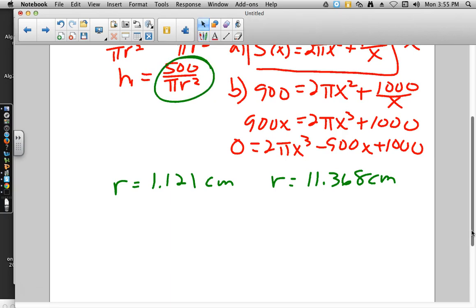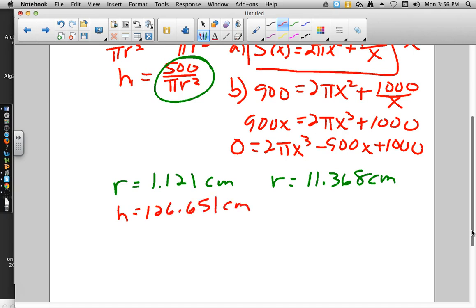So all we have to do is take 500 and divide it by pi times 1.121 squared. So this comes out to a height of 126.651 centimeters.